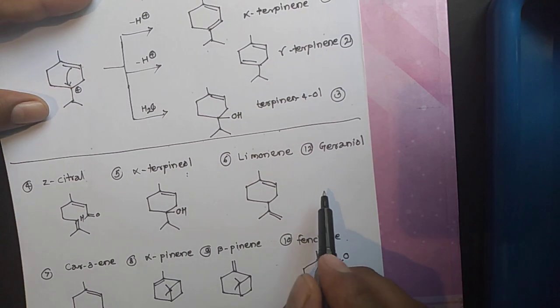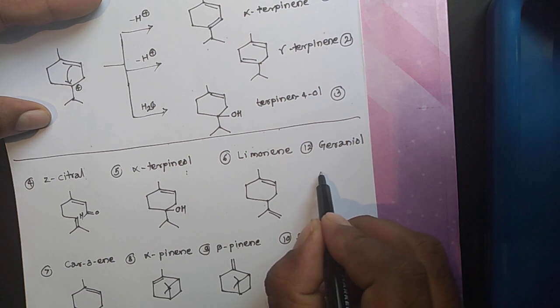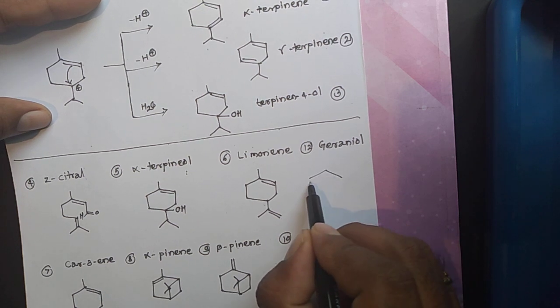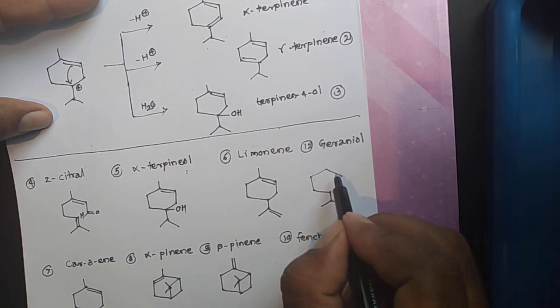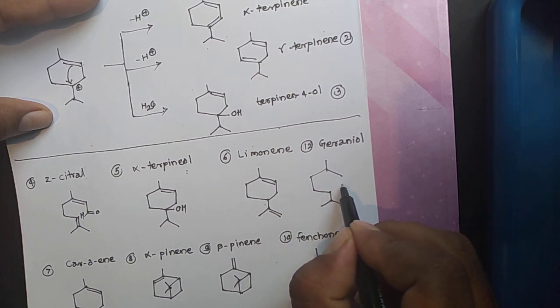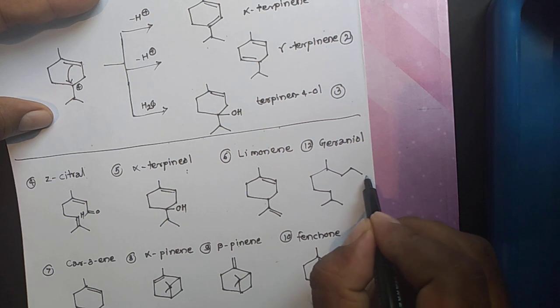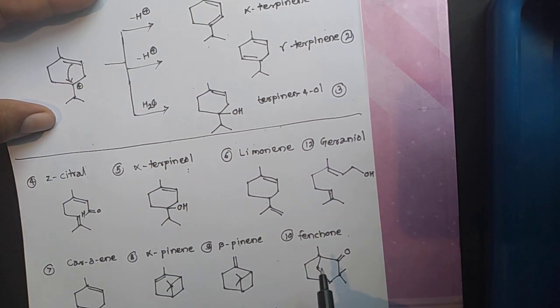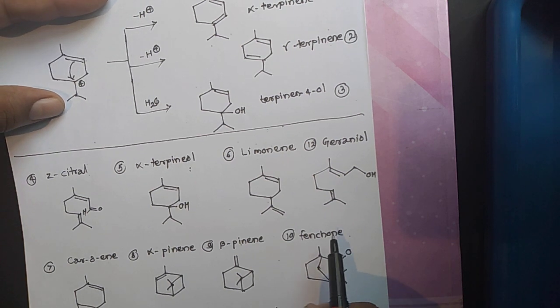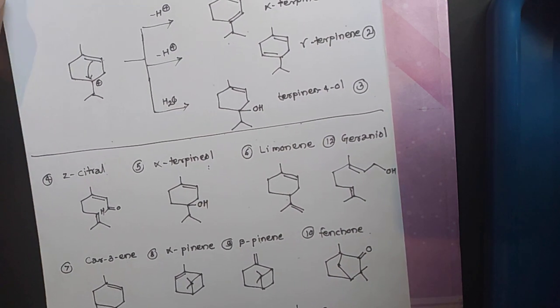So this geraniol is also important for us. Again, the open structure of geraniol is like this. Instead of this we can draw it here, a double bond is here and another double bond here. Okay, so this is the structure of geraniol.